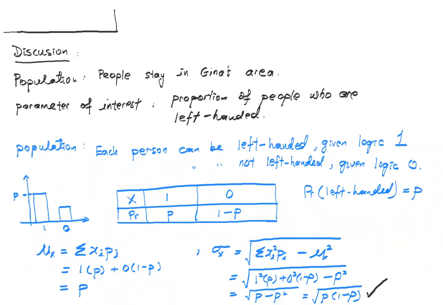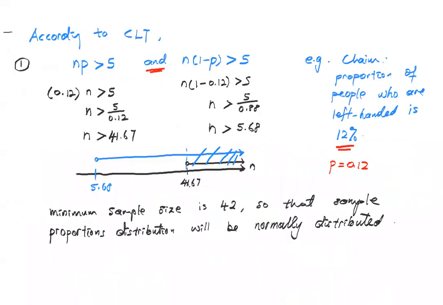So that is the theoretical part. After that, you say that since the population is not normally distributed, we must choose a suitable sample size. According to the central limit theorem and our syllabus, we fix it at np and n(1 minus p) must be greater than 5.